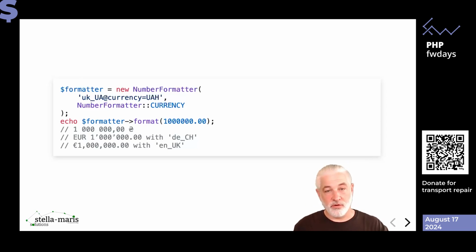So where the currency symbol is put is also a matter of the information that is available to the Intl extension. And with UK English, you get the euro sign without a space, put directly in front of the 1 million, with the dot as decimal separator here.